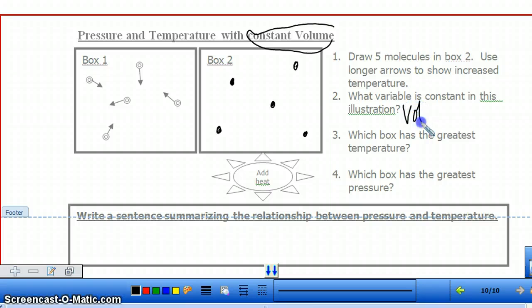So we'll go ahead and write volume. And up here it says to use longer arrows to show that we've increased the temperature. So now I'm going to really exaggerate my arrows. These have very high temperature.